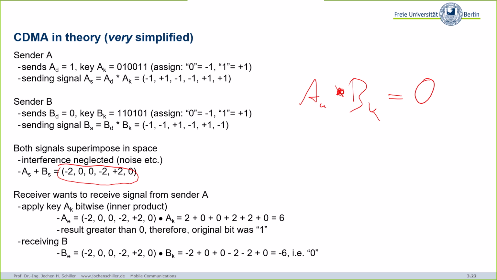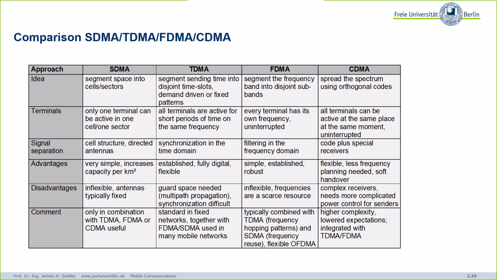Okay, and then I gave some more examples about how this CDMA technology can be visualized. And for us, it's enough to understand CDMA on this level. I also gave you an overview of the different technologies. You can always add polarization as well.